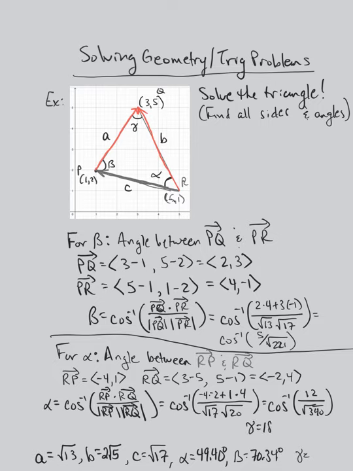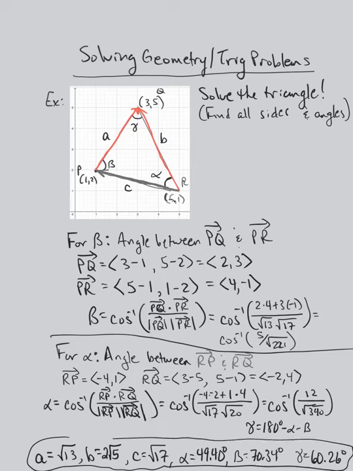So gamma is just going to be 180 minus alpha minus beta. And just remember I saved alpha and beta to the letters A and B. So we get 180 minus A minus B. And that's about 60.26 degrees. Like that, okay? And so there is the solution to that triangle.